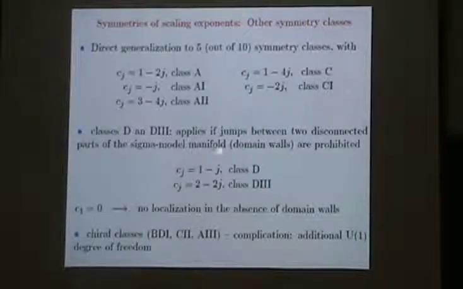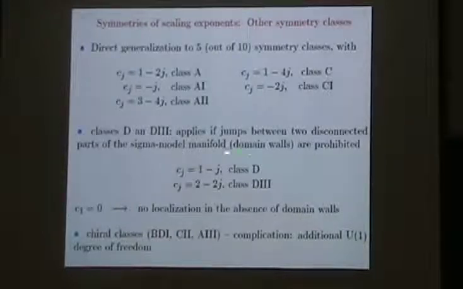In general, for all symmetry classes, we have symmetry properties. For five symmetry classes it works in the most simple way, and for two others it works excluding some domain walls, because it turns out the sigma model manifold here lives on two disconnected parts.